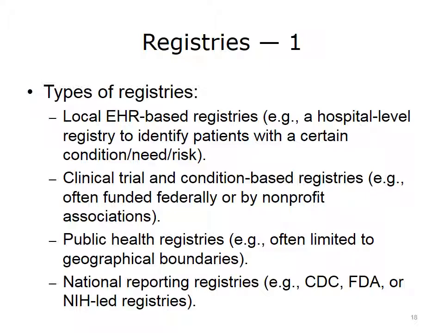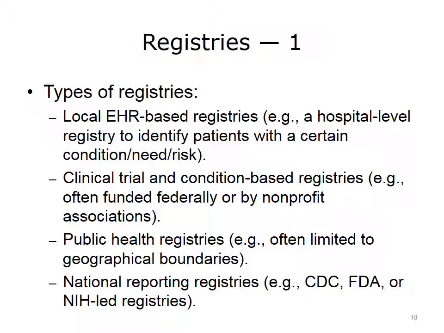Some types of registries include local EHR-based registries, such as a hospital-level registry to identify patients with a certain condition, need, or risk. Clinical trial and condition-based registries, which are often funded federally or by nonprofit associations. Public health registries that are often limited to a certain geographical boundary.